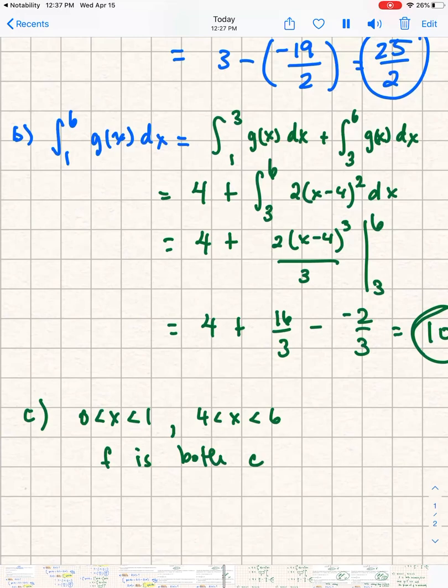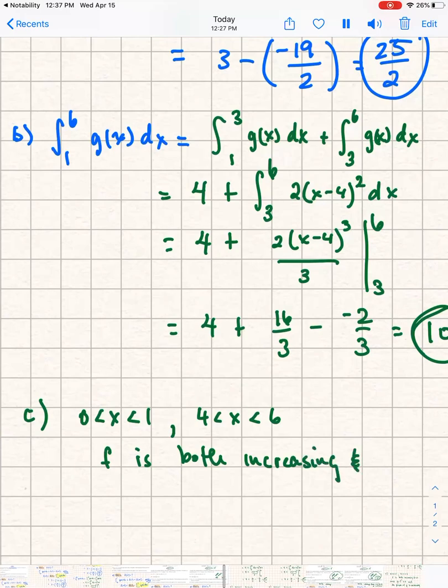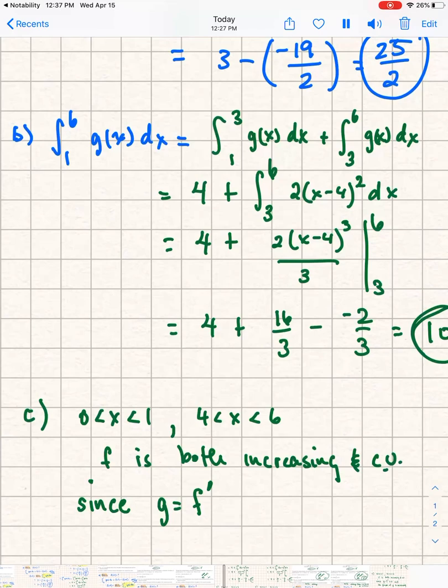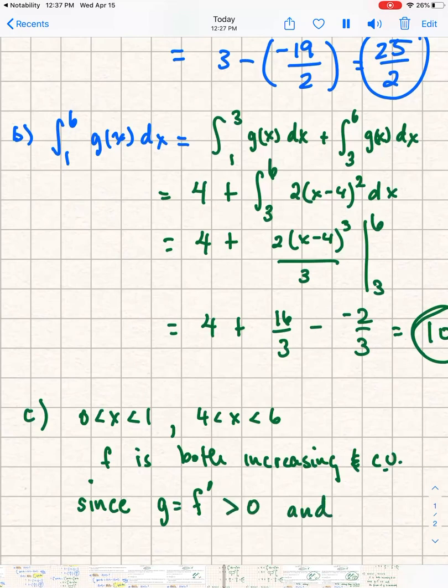increasing and concave up, since g is equal to f prime, and it's greater than 0.